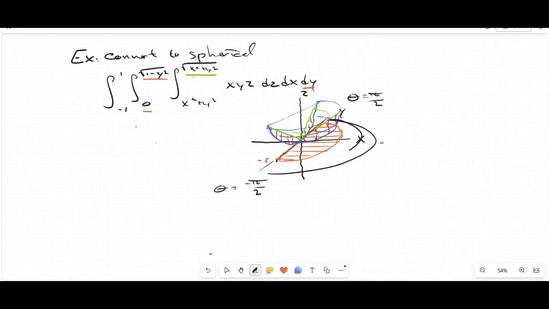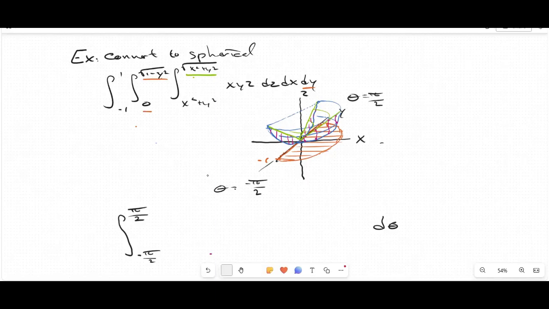It's all these theta values over here. So let's start with that. Theta goes from negative pi over 2 to pi over 2. That's d theta.